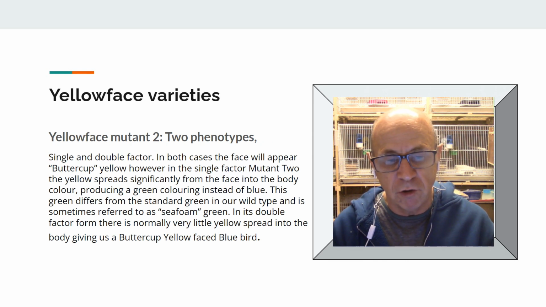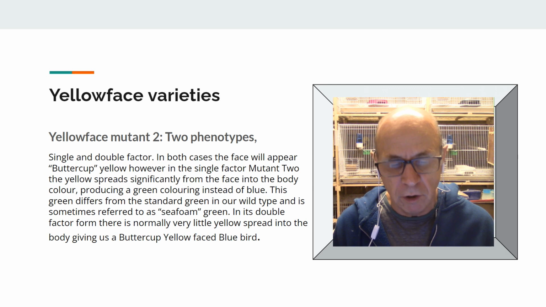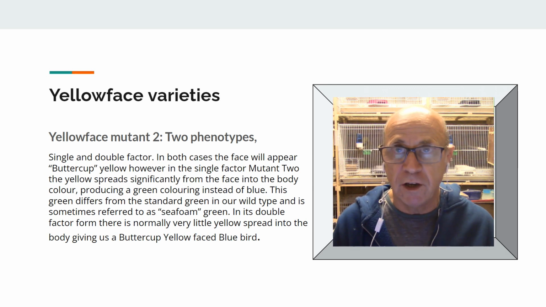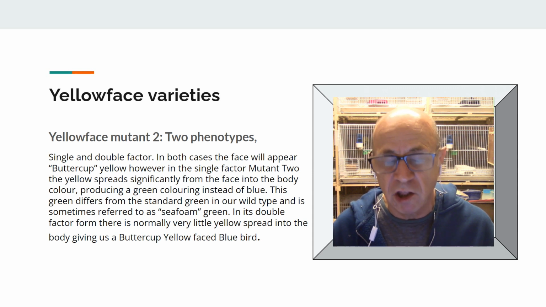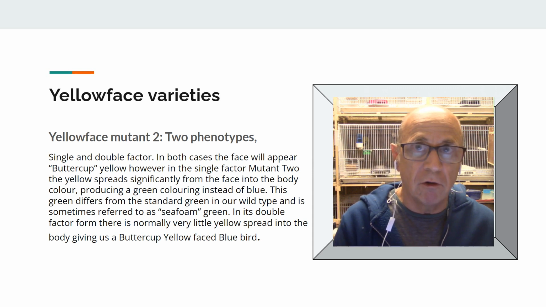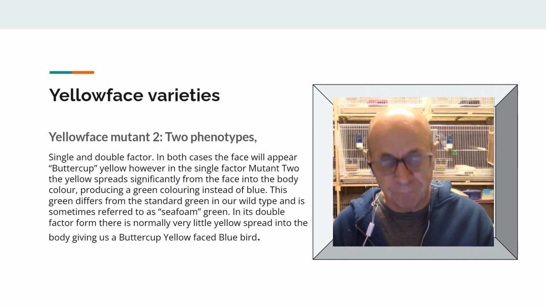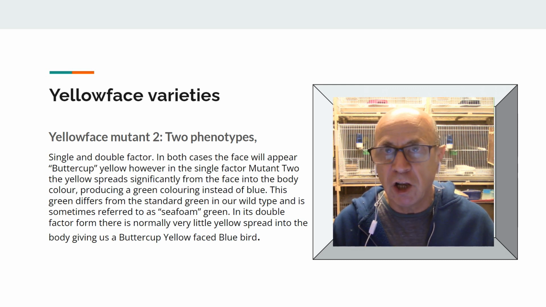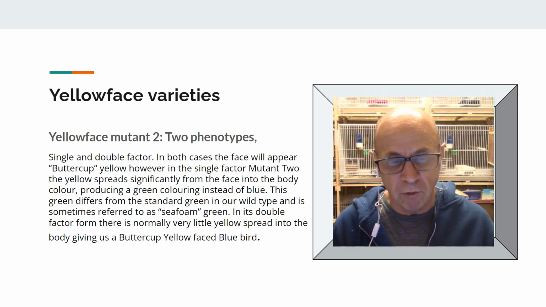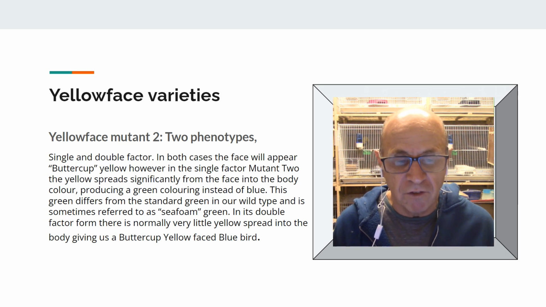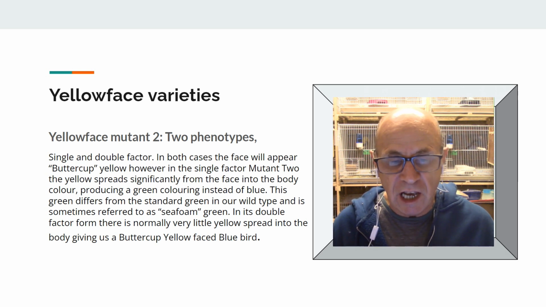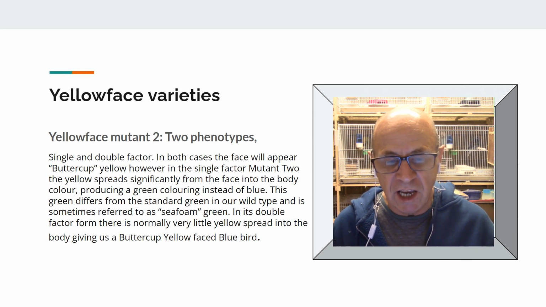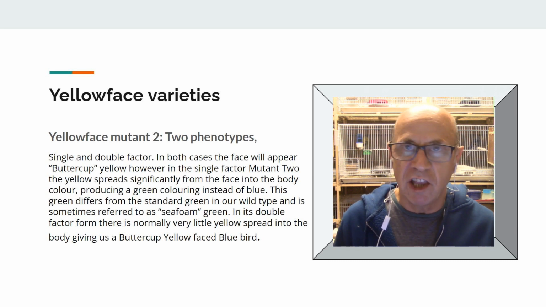And moving on then to the Yellowface Mutant 2, and for this variety there are two phenotypes. So there are two distinct phenotypes for this, and they reflect its single and double factor mutation. So in both cases the face will appear a buttercup yellow, so slightly darker than the Mutant 1. However, in the single factor Mutant 2, the yellow spreads significantly into the body and produces a green colour instead of blue.